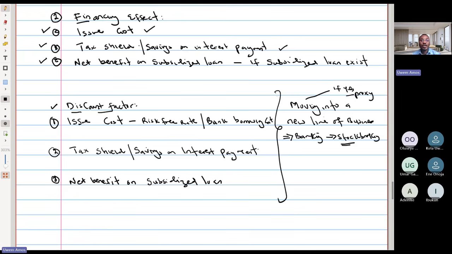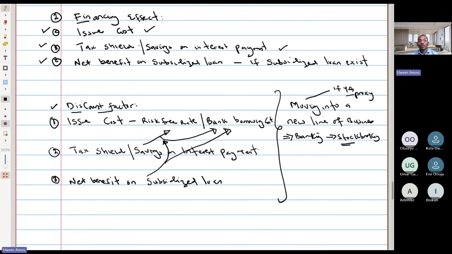For the tax shield on interest payment, you can use either the risk-free rate or the bank borrowing cost. For the net benefit, you can use either the risk-free rate or the bank borrowing cost. So you can use either of the two.